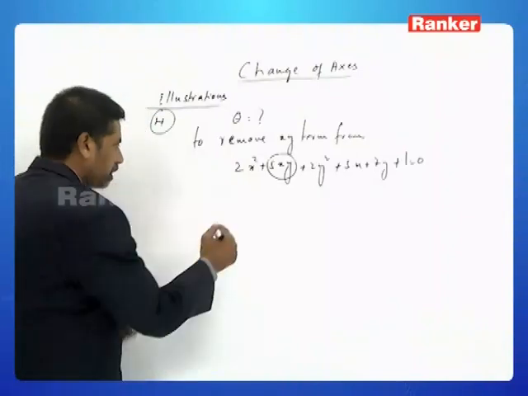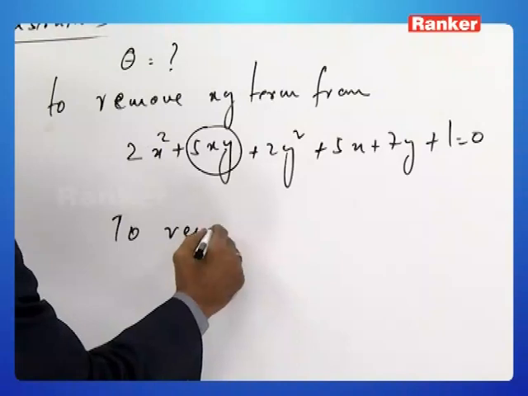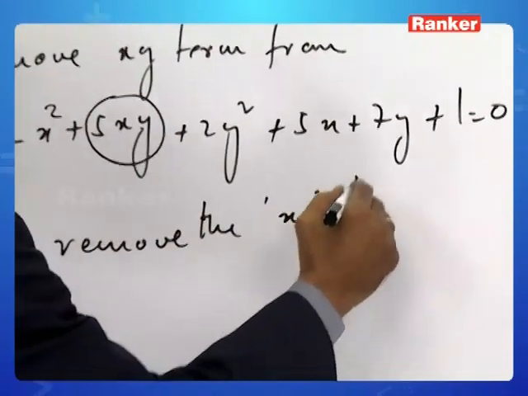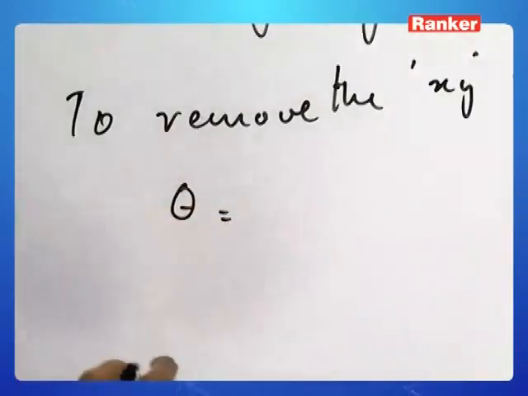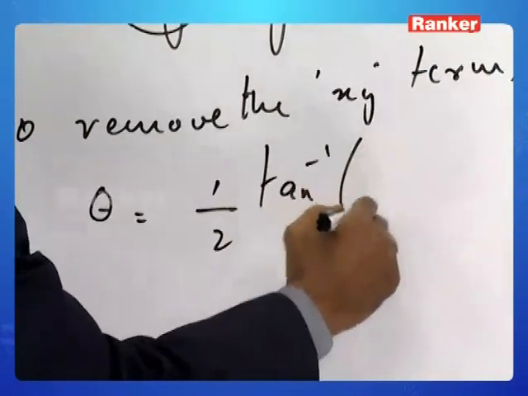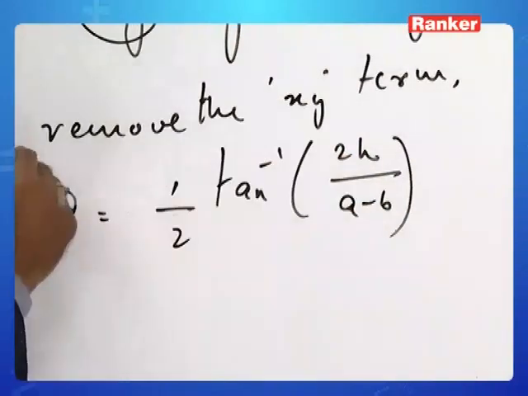There is a very important result which says that to remove the xy term, theta should be half tan inverse 2h by a minus b.